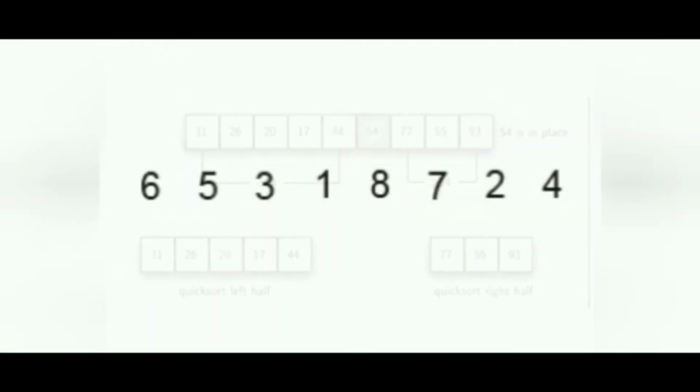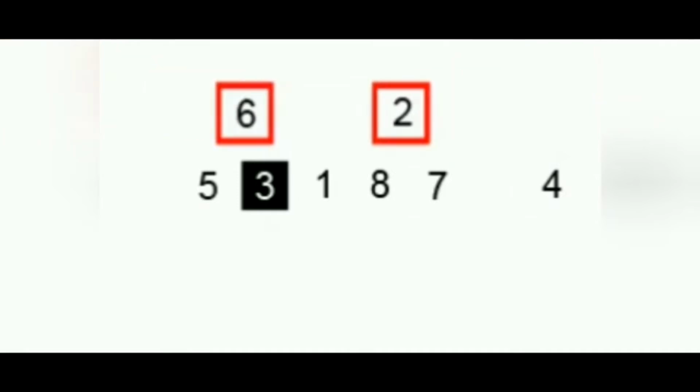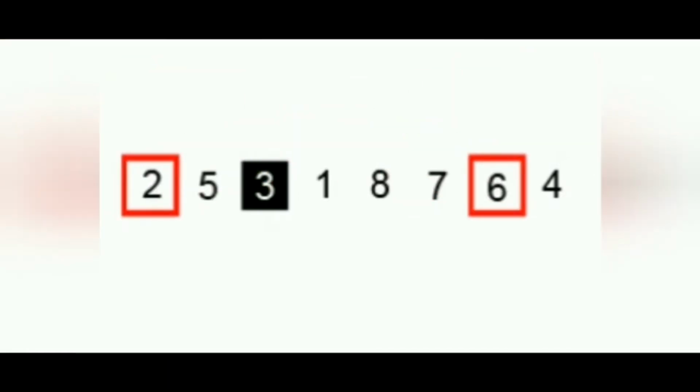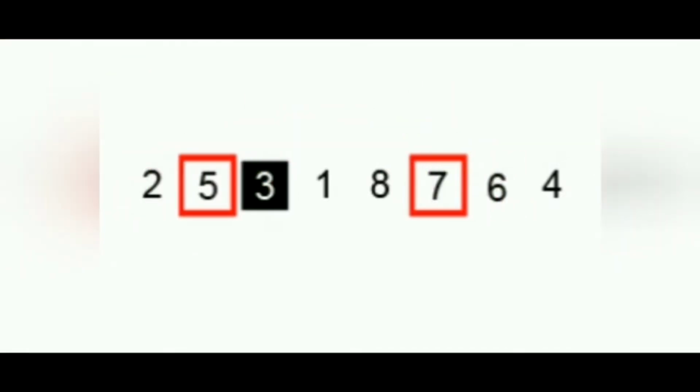Going to another example of quicksort. Here the element 3 is considered as the pivot element, and the remaining elements are verified based on the condition less than or greater than. If the condition is satisfied, the elements are exchanged.